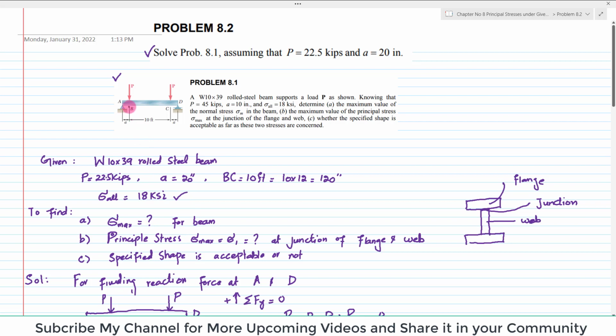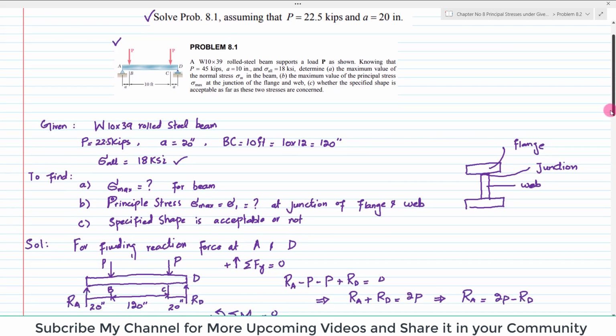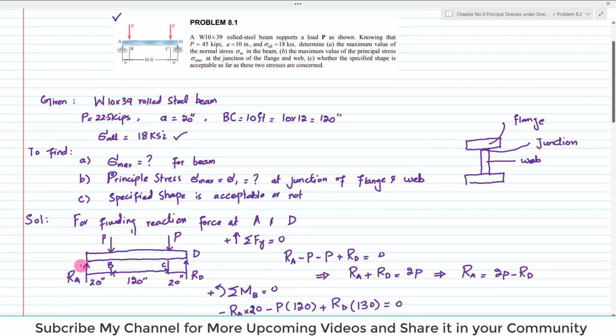The first step in solving this problem is to find the reaction forces at points A and D. Clear? So we will draw the free body diagram of this beam, which is already done over here. You can see at point A the reaction force is RA, at point D the reaction force is RD. P loads are applied at points B and C, and the distances are also mentioned over here.